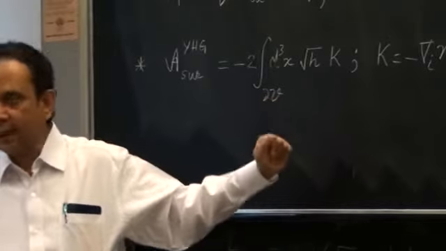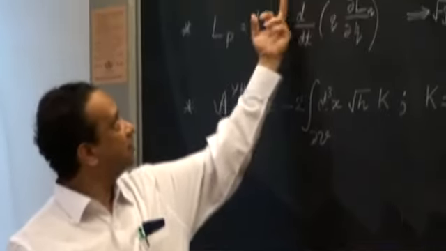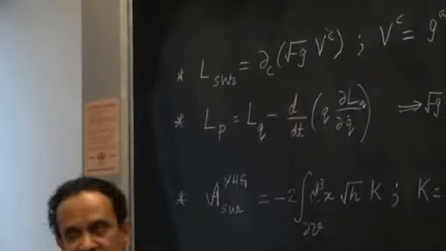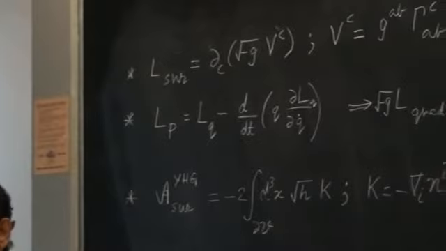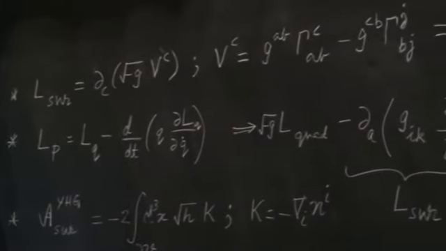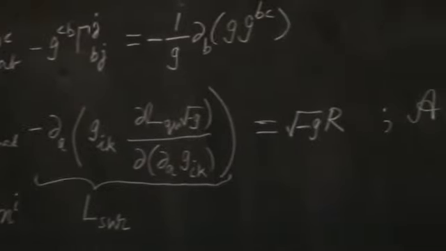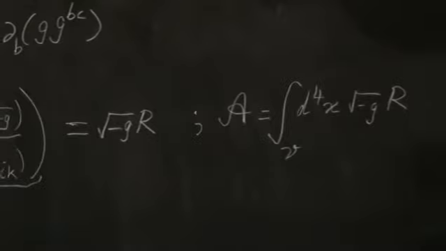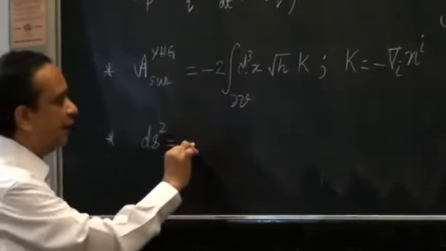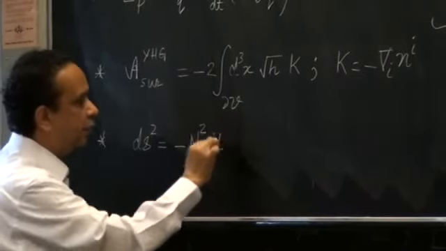Now the question is, how does it compare with the actual surface term we have written, which is here? So there is a Lagrangian which when you integrate gives you a surface term, and here is another surface term, and I want to compare these two. Okay, so I will do that in slight amount of detail. So in order to do that, let us take a space-time, and I will parameterize the space-time in terms of what is known as the lapse and shift functions. So there is an N squared dt squared.